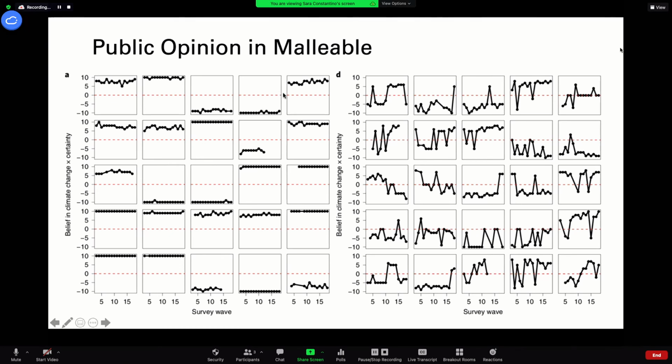So public opinion, we see these trajectories that look very fixed and a little bit sobering, but there are other public opinion metrics that look at within individuals over time, how consistent public opinion is on issues around climate. And what they find is that for many conservative respondents, respondents that are more towards the conservative end of the ideological spectrum, you see that there's much more flexibility in the view over time.